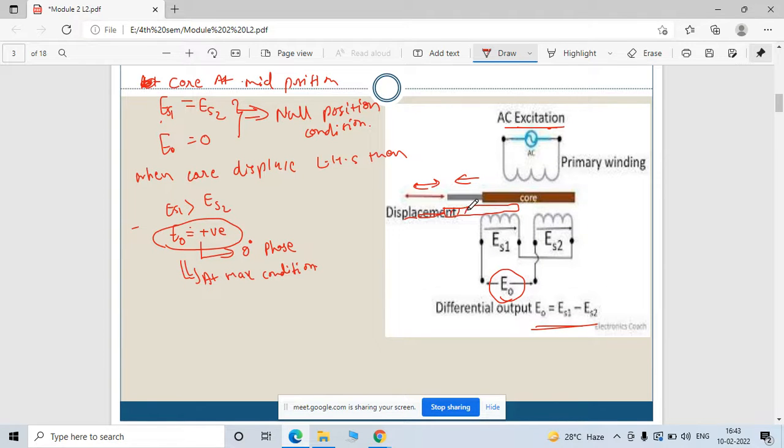So at max position, all the core appears in front of this. So at that time ES2 is 0, right? ES2 is 0 and ES1 is maximum, right? So at max condition, this E output is nothing but your ES1, okay, and ES2 is 0 for this.